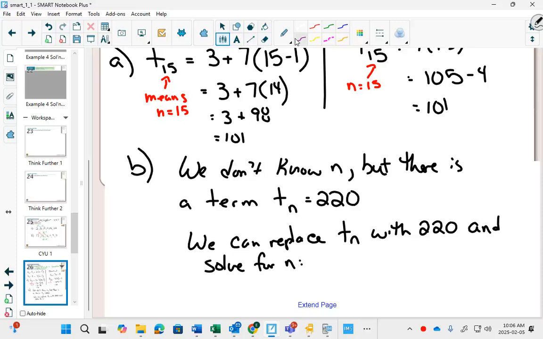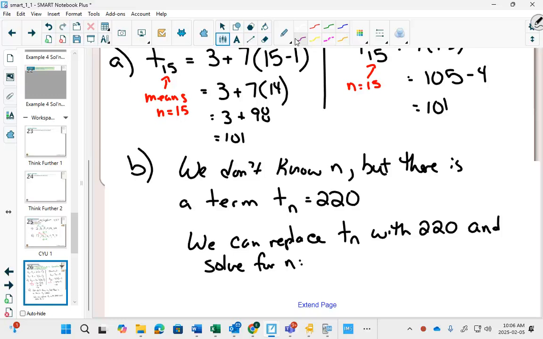And this is a little bit of an abstract jump that sometimes is difficult the first time you see it. Because normally when you put something into an equation, you have to know what that is. And you don't know n. And a lot of students say, how can I know Tn if I don't know n? Well, we have to remember, Tn represents some term. We just don't know where it is, but we know what it's equal to.